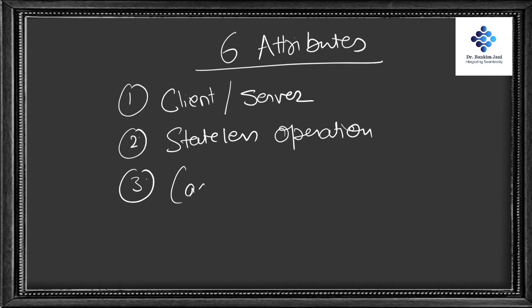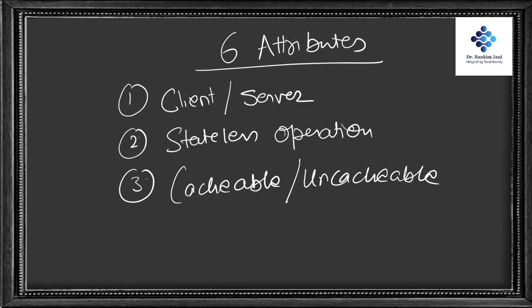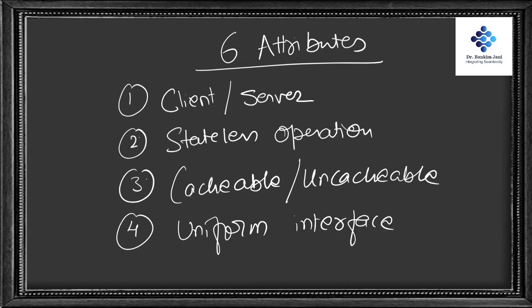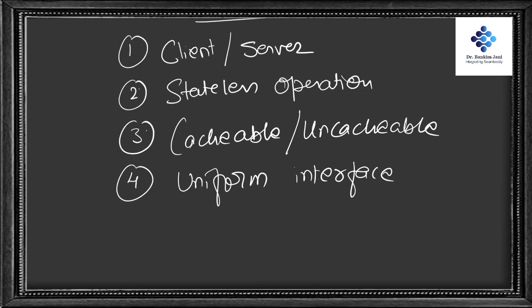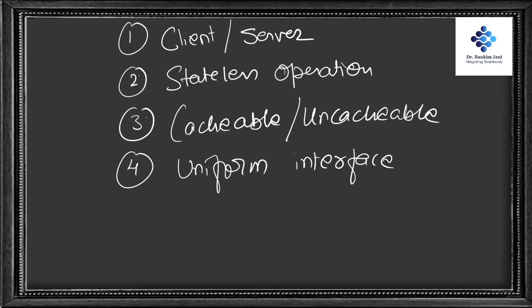Then cacheable, or it is uncacheable. This is clearly defined into every RESTful API. Then uniform interface. This is self-explanatory, that interface itself is so easy and it stays same for the entire duration of that API, right?